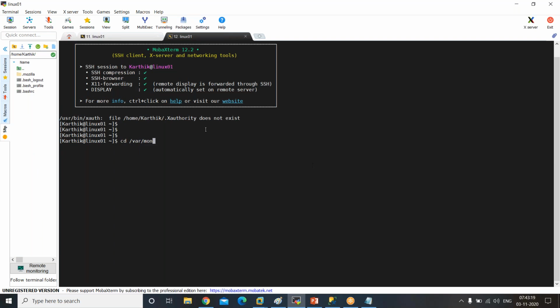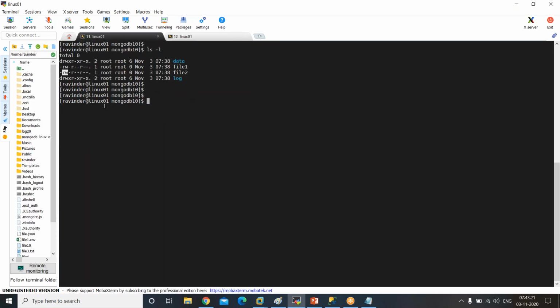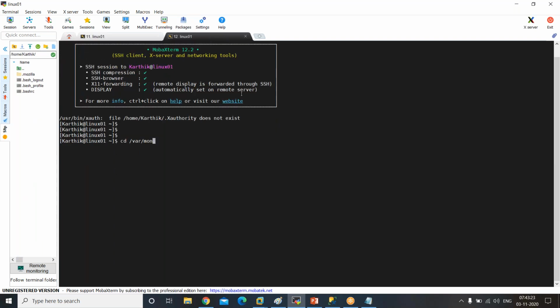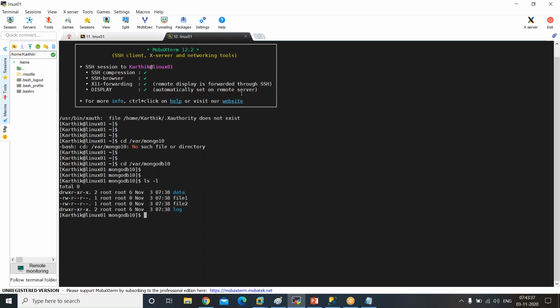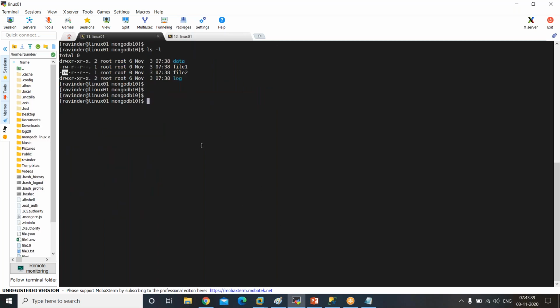Let me see the directory, Mongo 10. This is where you need to understand now. cd, MongoDB 10. If you see, we have some files here. Now I'm going to load some data into file 1 or file 2.